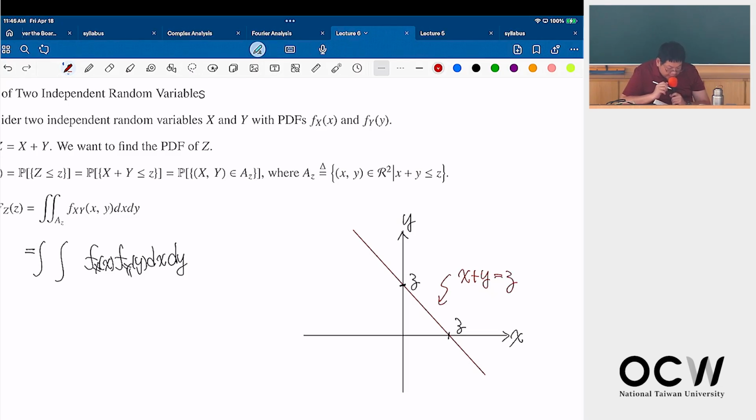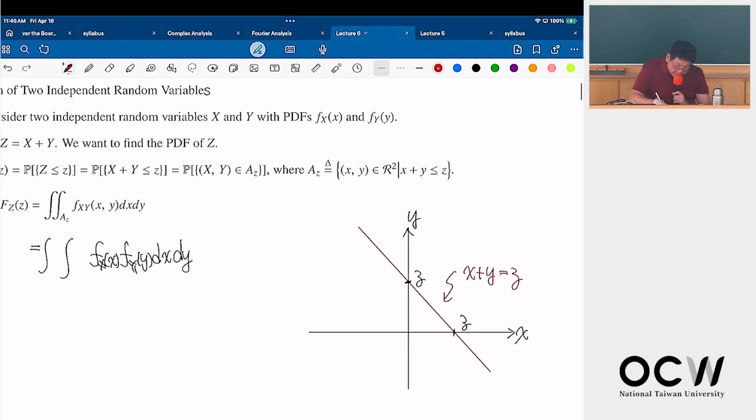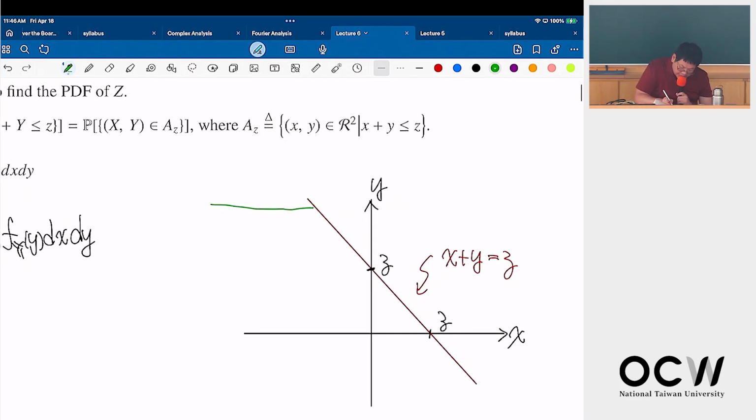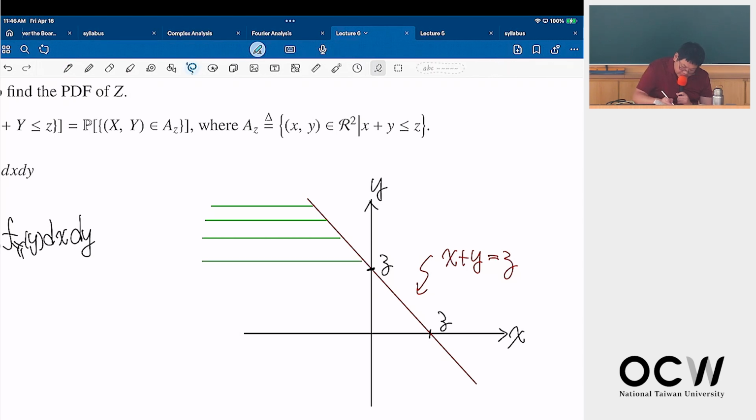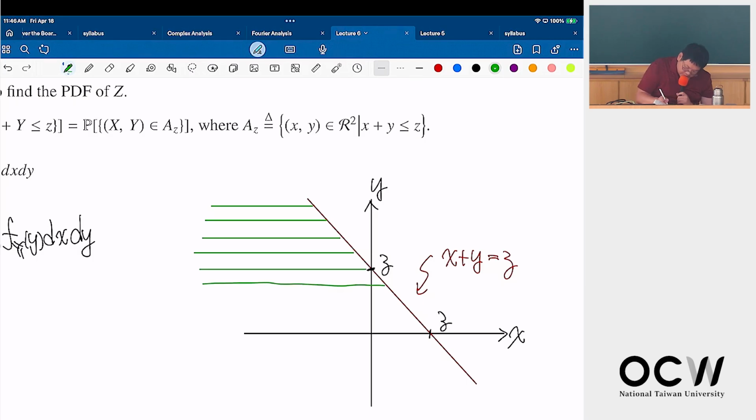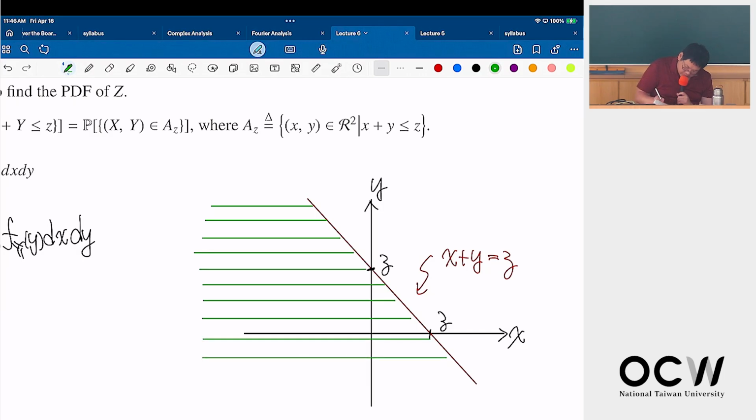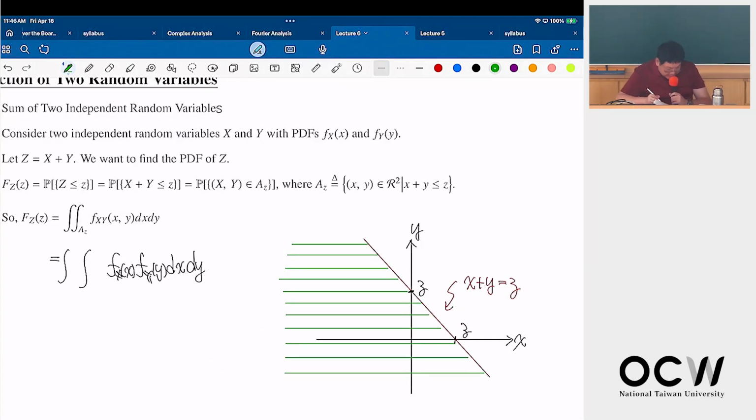So what does x plus y less than or equal to z mean? This is AZ.